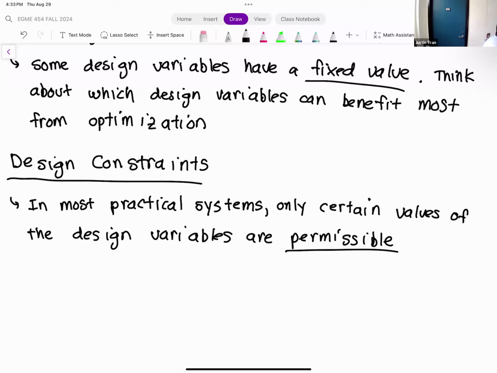But just a very quick example is that, usually, we work with positive numbers in engineering, right? It doesn't make sense to have a negative length or a negative value of the resistance, right?